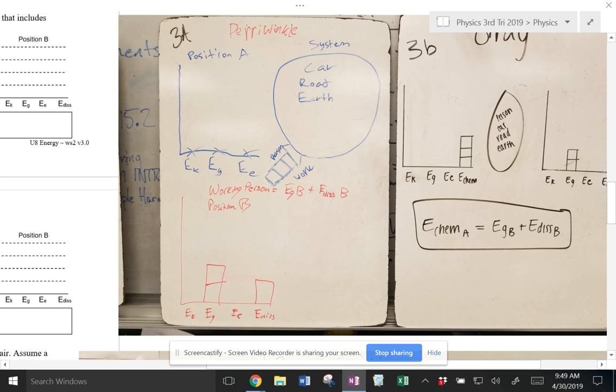But in order to get the gravitational energy in position B, the person has to do work. And then there's also dissipation due to friction with the parking brake and the surface.